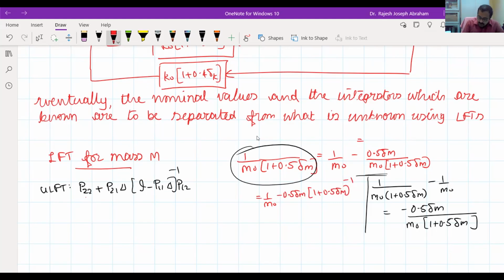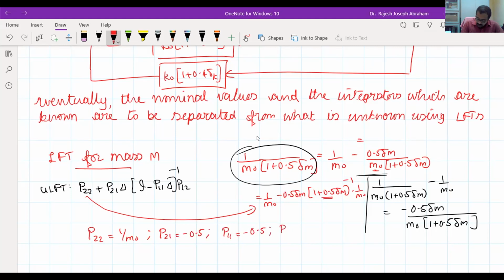What will you get? P22 corresponds to 1 by m naught. P21 corresponds to minus 0.5 into 1 by m naught. This part we missed actually. Then what is P11? P11 also corresponds to minus 0.5. And finally, P12 corresponds to 1 by m naught.